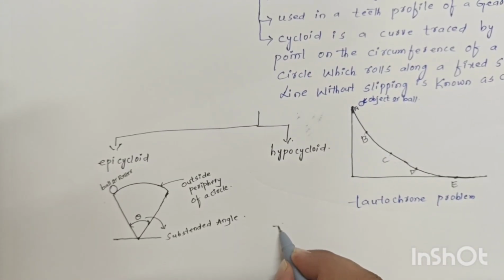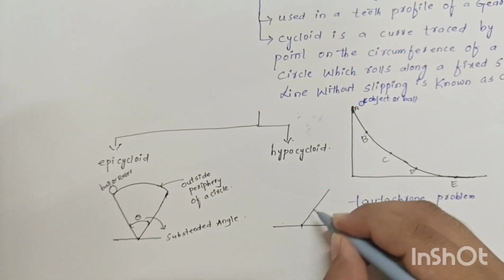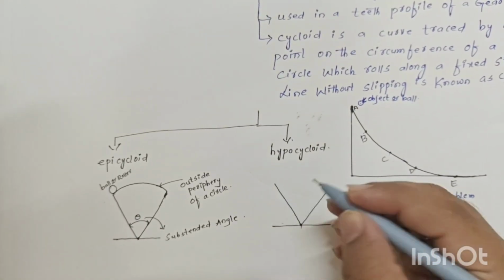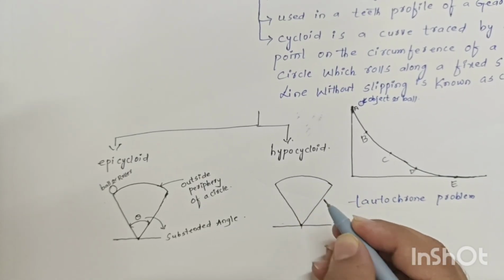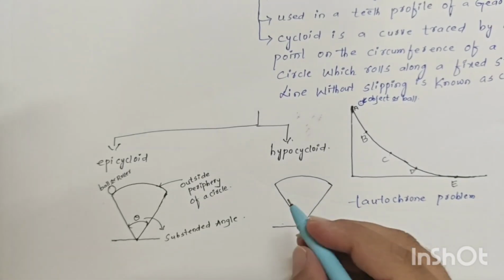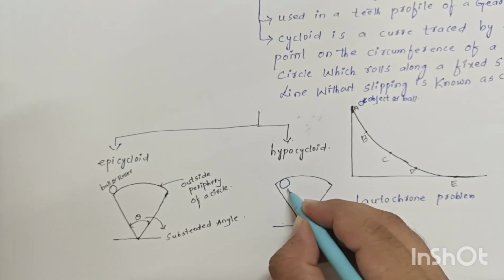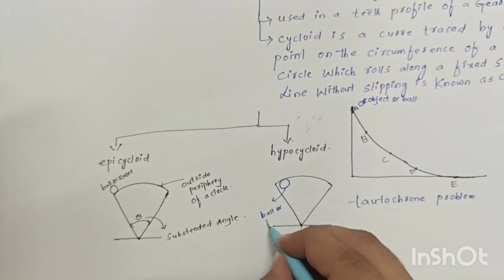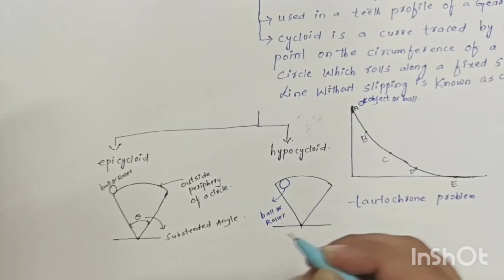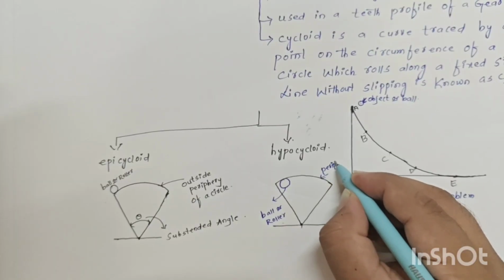Let us see this figure. Okay. This is our periphery of a circle. Clear? This is our ball, or you can say roller.